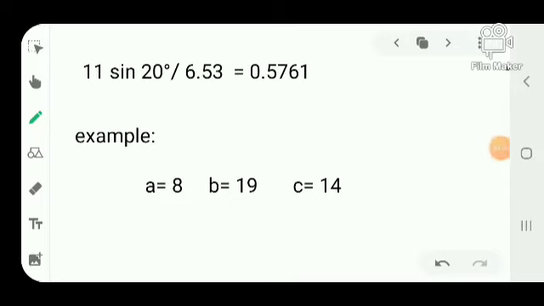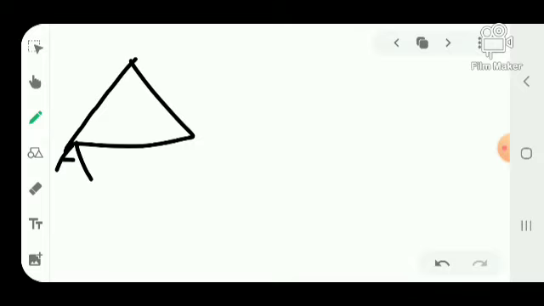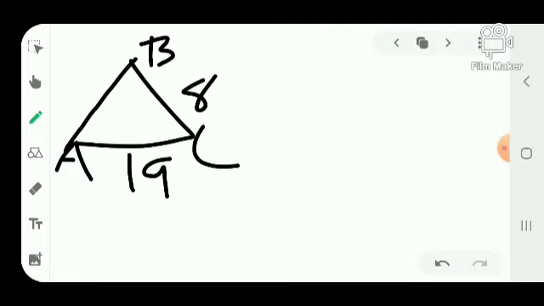So we draw the picture. Across from A is side A, which is equal to 8, across from B is 19, and across from C is 14.